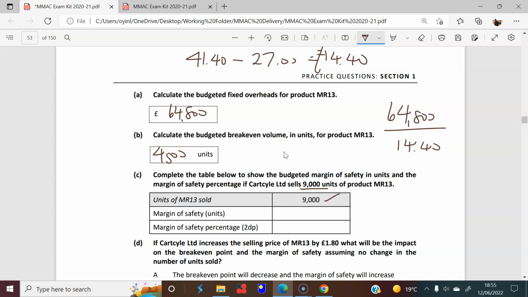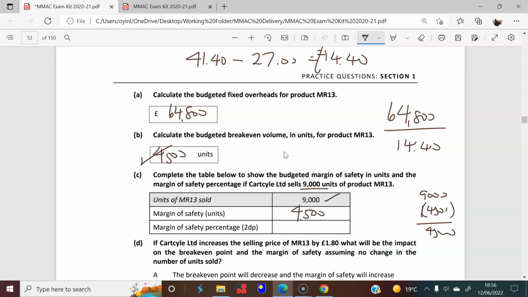If you're planning to sell 9,000 units, the question is, by how many units can you fall before you hit break even? That must be 9,000 minus the 4,500, which is 4,500. So the margin of safety is 4,500 units.